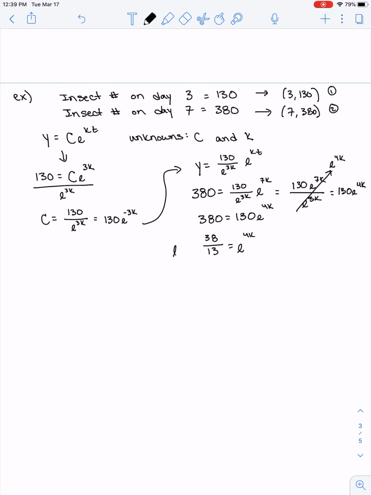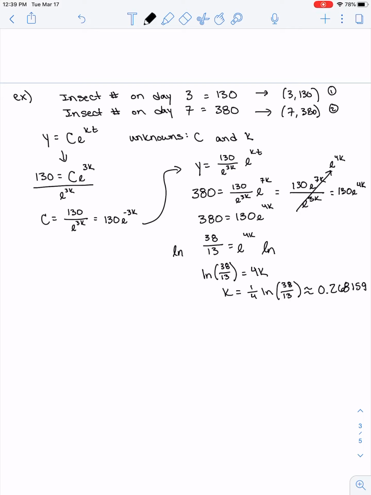And I take the natural log of both sides, and I get the natural log of 38 over 13 is equal to 4k, or k is equal to 1/4 natural log 38 over 13, and if you plug that into your calculator, you'll get 0.26815. You can also leave it and plug it in at the end if you want as well.